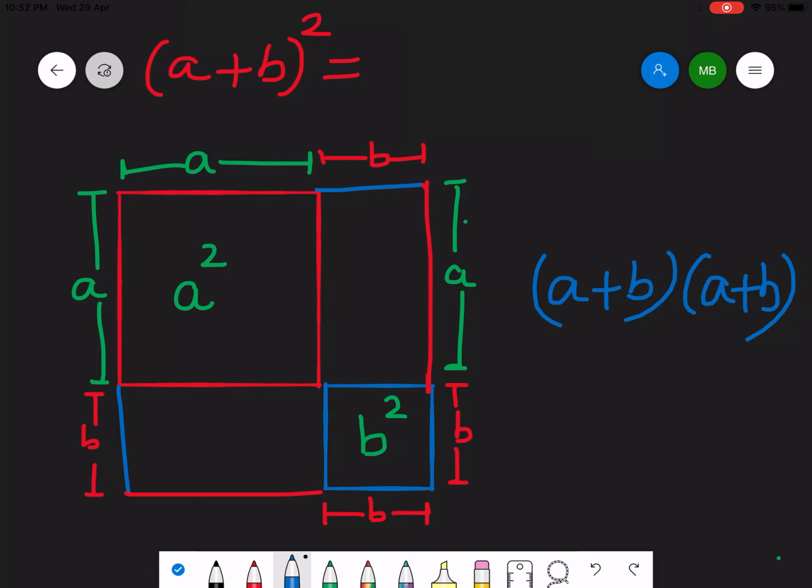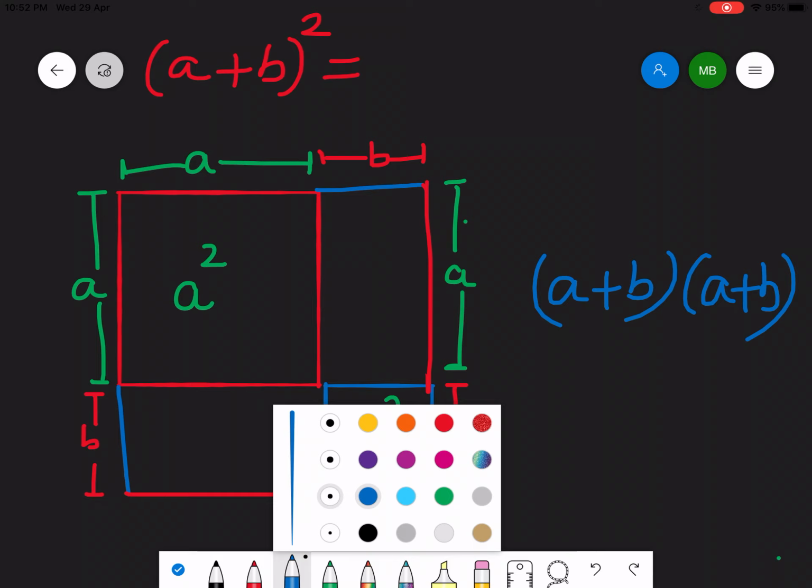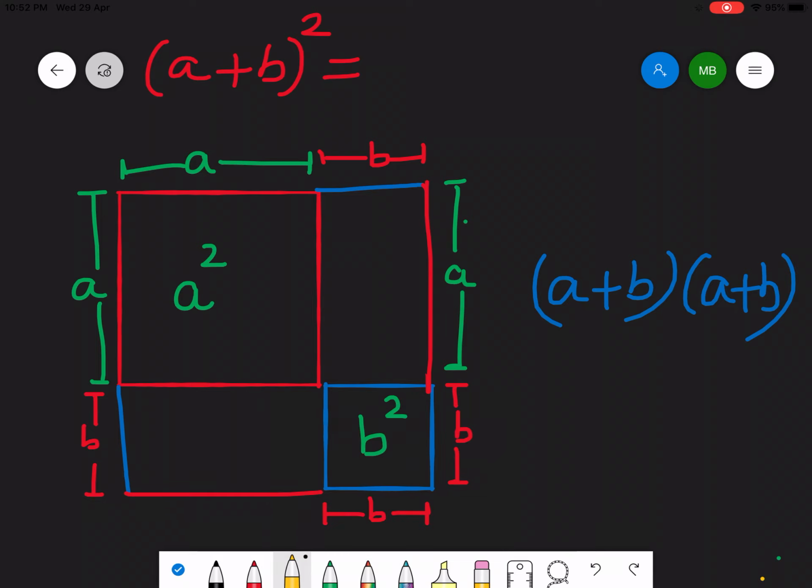Now in this complete square we have small parts. What is the area of these parts, if you want to talk about it? So let's talk about the area of these parts. Let me just change the color a bit. Okay, so just have a look at this rectangle which has a side of b units by a units.